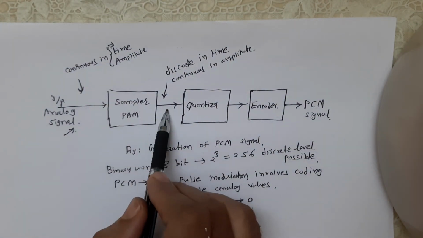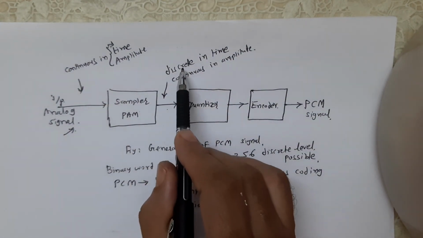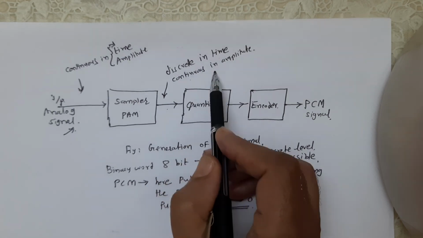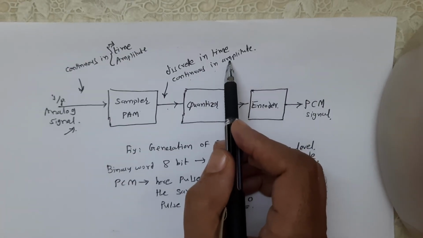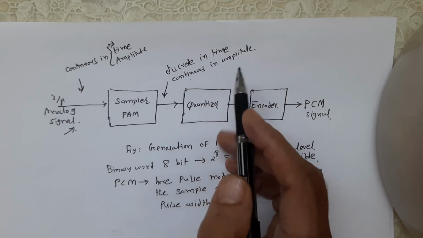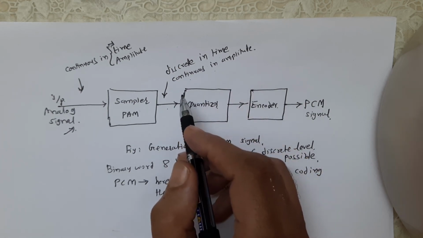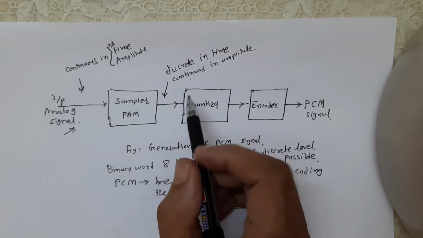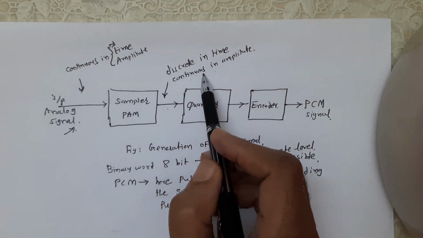But the output of the sampler is discrete in time but continuous in amplitude.